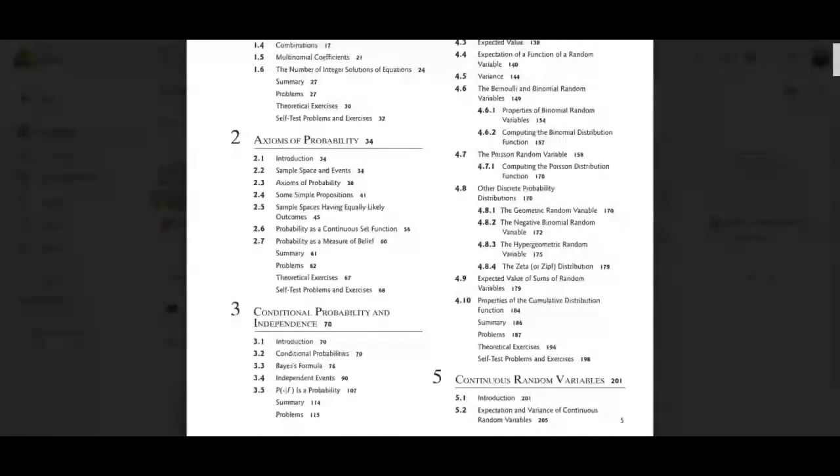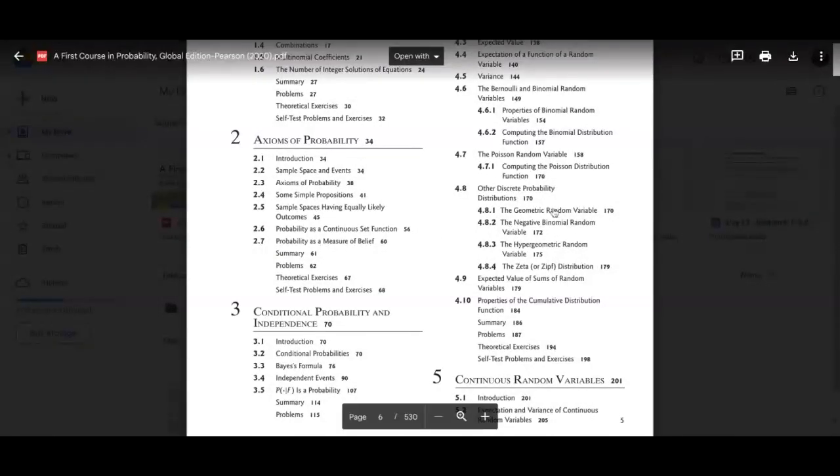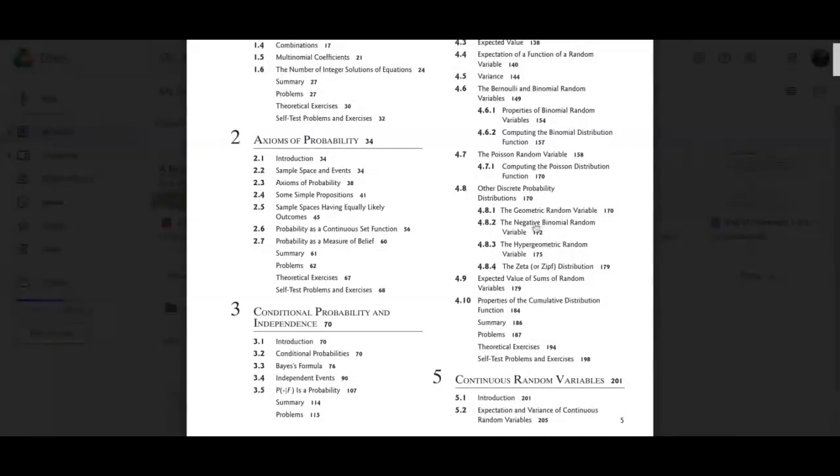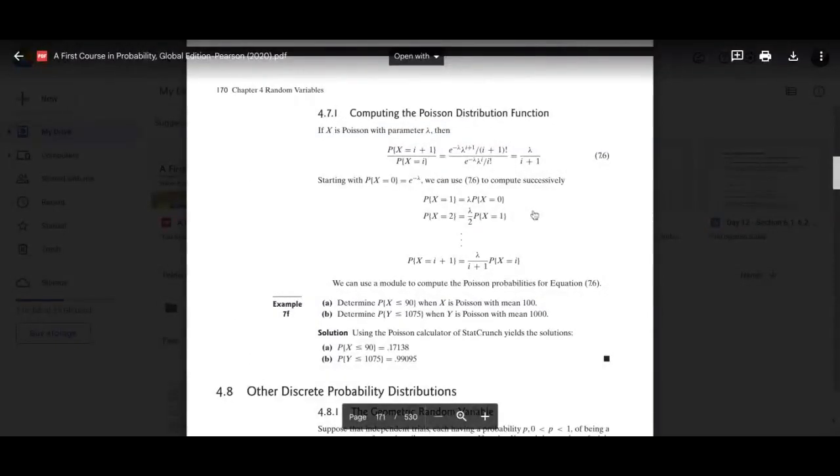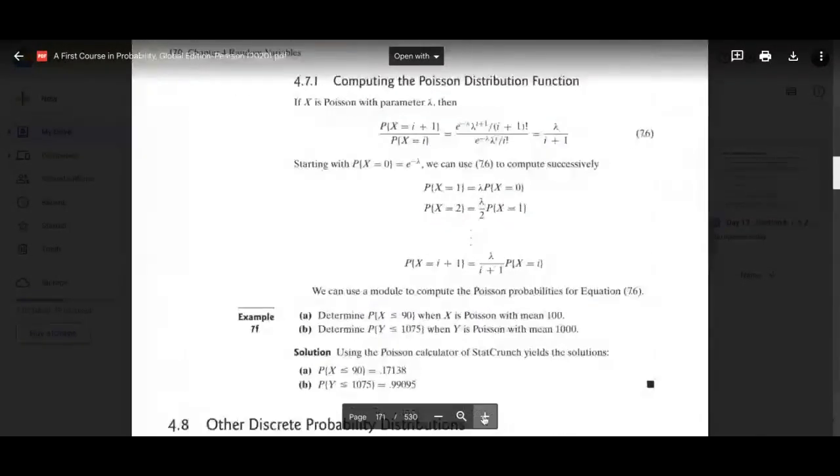So the last one to talk about in chapter 4 is the geometric random variable. We're not going to talk about negative binomial random variable, hypergeometric, or zeta. So we're going to finish at the geometric random variable.